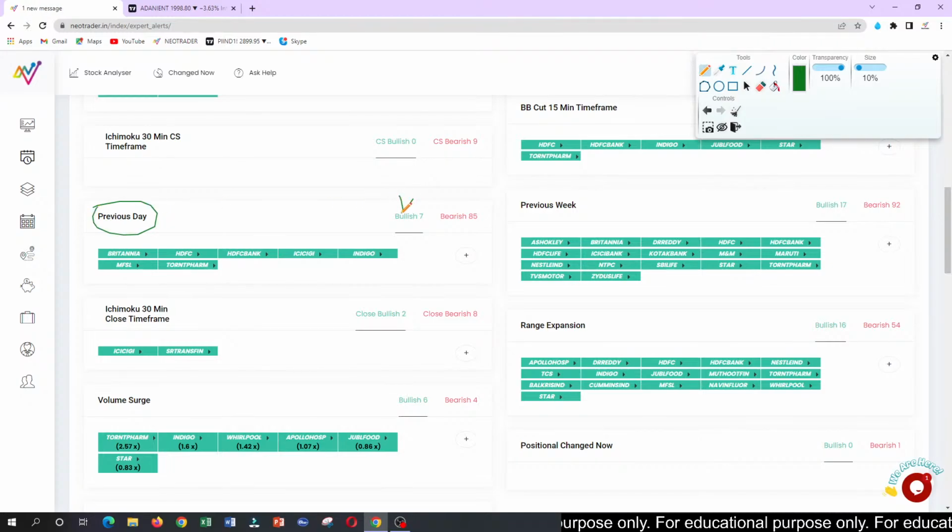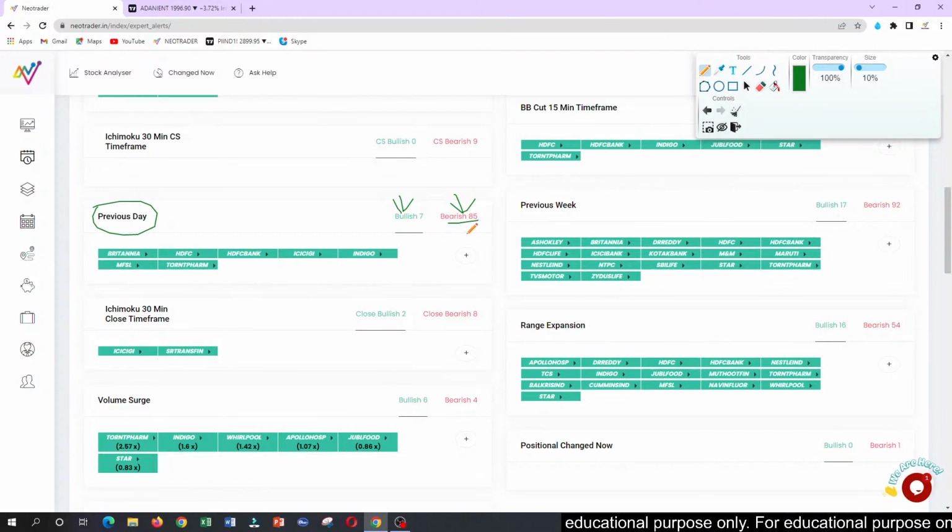Here is previous day high, previous day low. All right, so what are we seeing right now? Ambal Walan, tell me. 85 stocks are below their previous day's low, and only 7 stocks are above their previous day's high. So what does that mean?